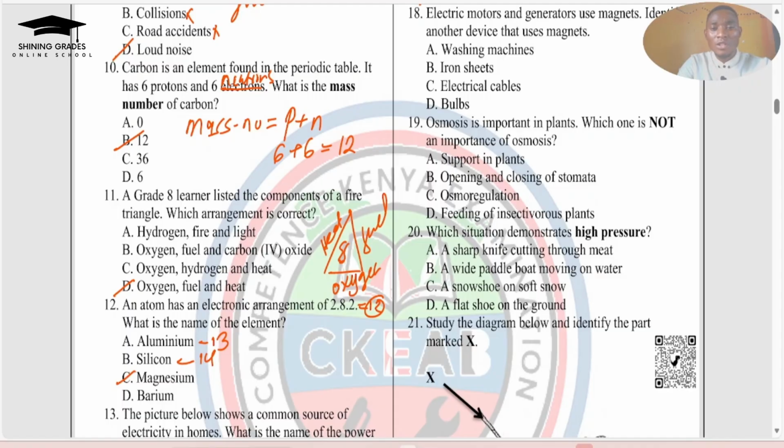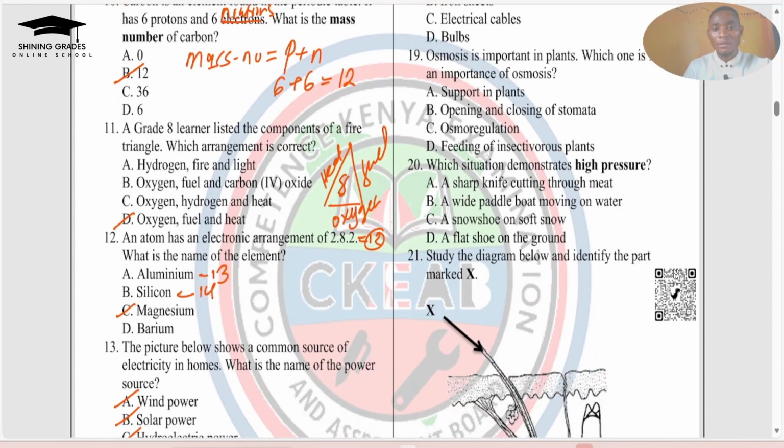For that motor to move around, there is a magnet in between the copper wires to allow the rotating movement of the motor. So the correct answer to this question is washing machines.